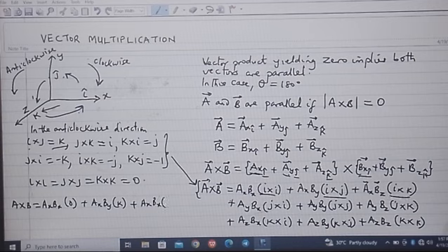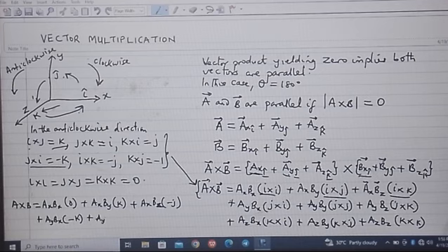I cross K will give us, sorry, minus J, so we include minus J here. Then we move on to say, AY BX, J cross I gives us minus K, so we say minus K.